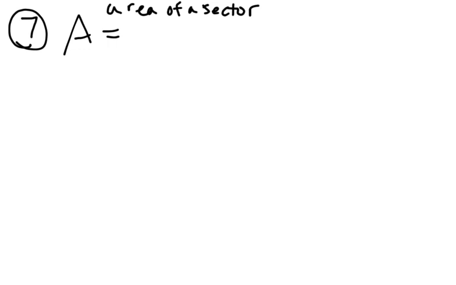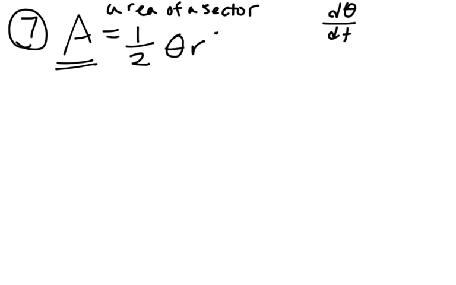And we want the rate of change of the angle. So in radians, the angle would be theta. d theta/dt is what we're trying to find. So what is that formula for area of a sector of a circle that you learned last year in pre-cal? 1/2 theta r squared. Oh yeah, I remember that now.